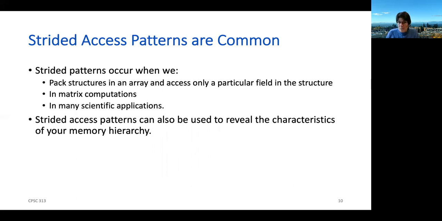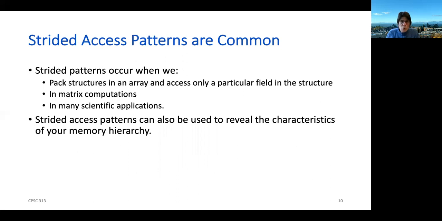A lot of matrix operations will generate strided access patterns. And many large-scale scientific applications will exhibit these strided patterns. So it's a really common pattern for applications, so it's important to understand, but it's also a great tool to measure performance of a system and figure out what its memory system looks like.